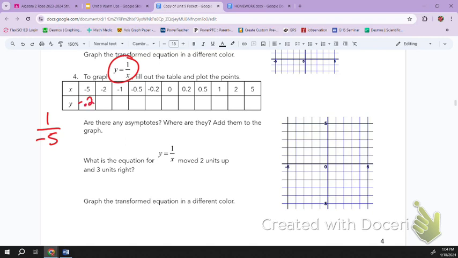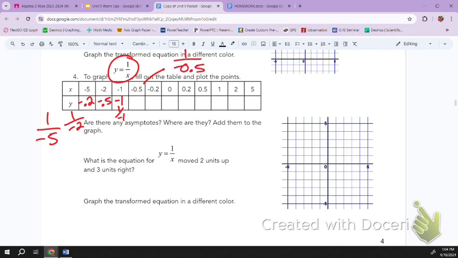And then the next one's going to be 1 over negative 2. That's going to be negative 0.5. Now we're starting to get into the whole numbers. I've got 1 over negative 1. What would that simplify to? Negative 1. Now let's check on our calculators: 1 divided by negative 0.5.